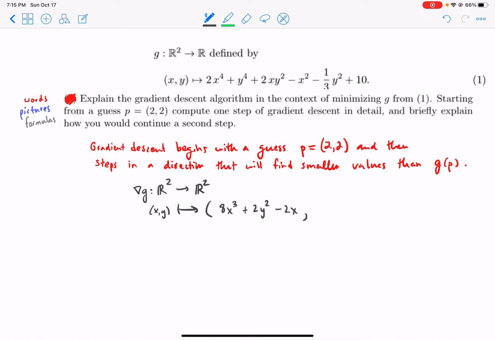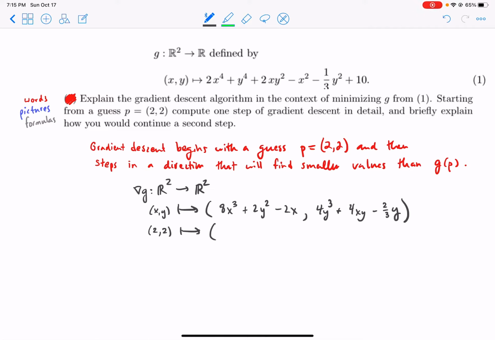Now the derivative with respect to y: here's a 0, here's a 4y to the third, here's a 4xy, a 0, a minus 2/3 y, and a 0. Okay, so that's the gradient.